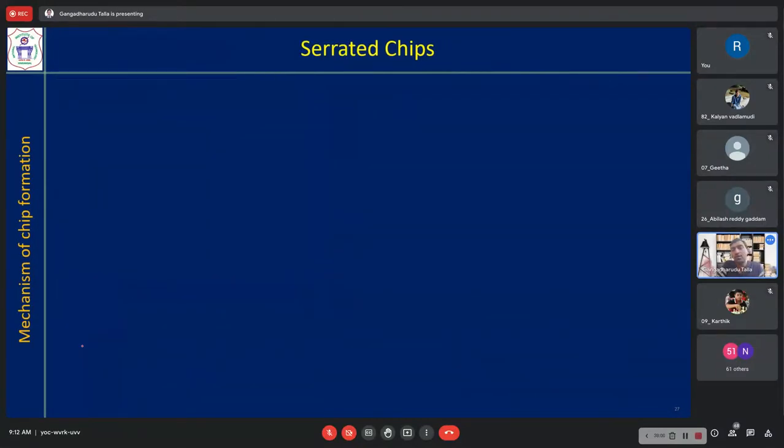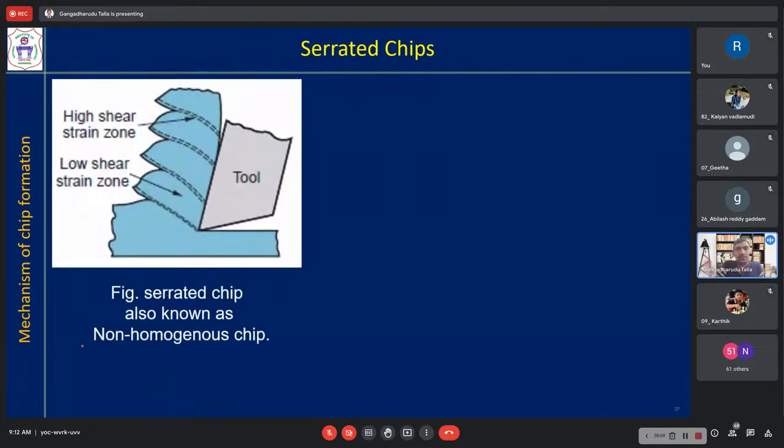Now the other form of chip that we have not discussed is the serrated chip. It is also known as a non-homogeneous chip. You will have a sawtooth-type formation on one side of the chip.